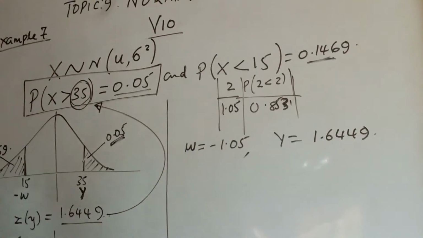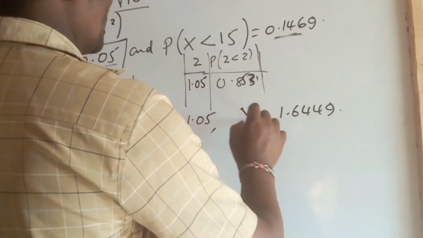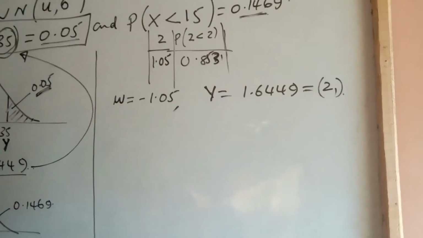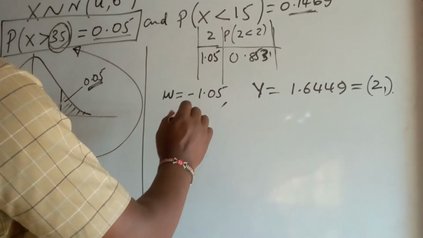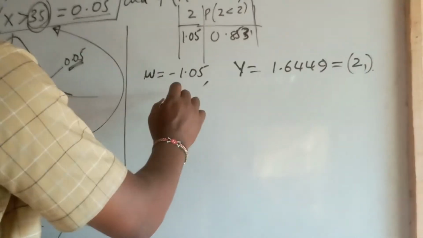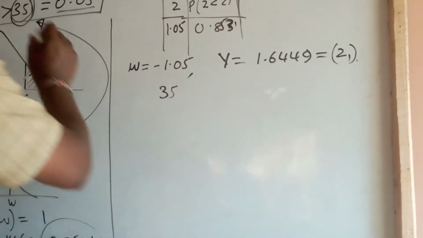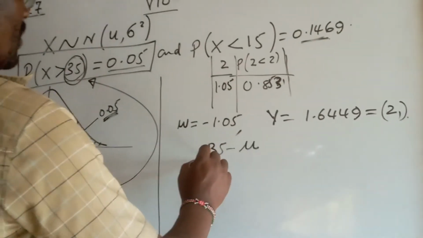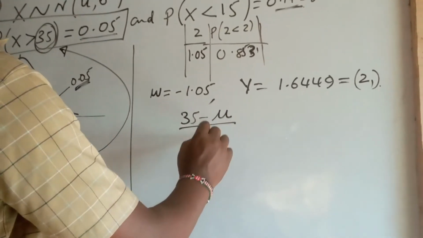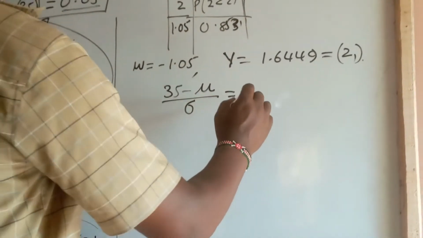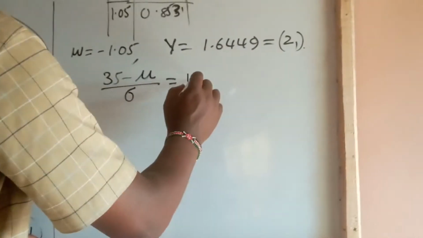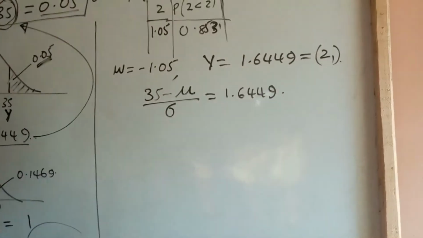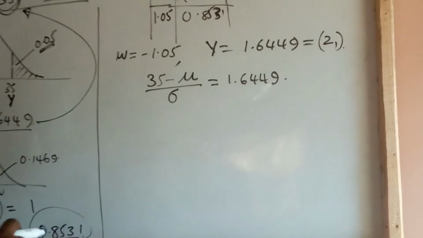So if this is the boundary, which is our z in the table, let's call it z1, we can say that 35, the unfamiliar boundary, minus the mean mu over the standard deviation should give us 1.6449.